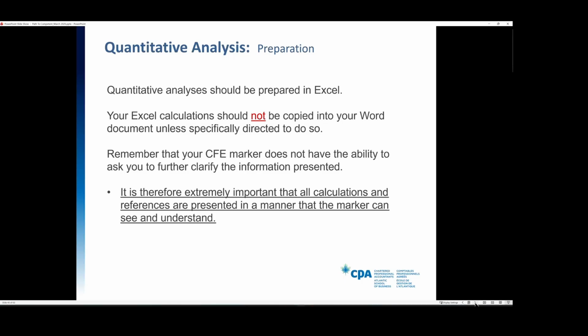So it's important to include notes when it comes to your input numbers if you have a formula in that cell. So think about it in the context that the marker is looking at a PDF form. They're looking at the PDF sheet of your quantitative analysis. Can they figure out how you arrived at the input number?